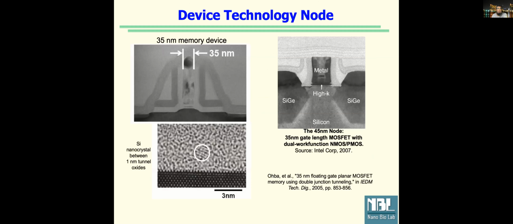So this is an example of a 35 nanometer memory device, and you can see that these numbers are real. You cannot make something, if this is 35 nanometer, then the next thing that you make has to be further away. Otherwise, they will start interfering with each other. So here is the 45 nanometer node.